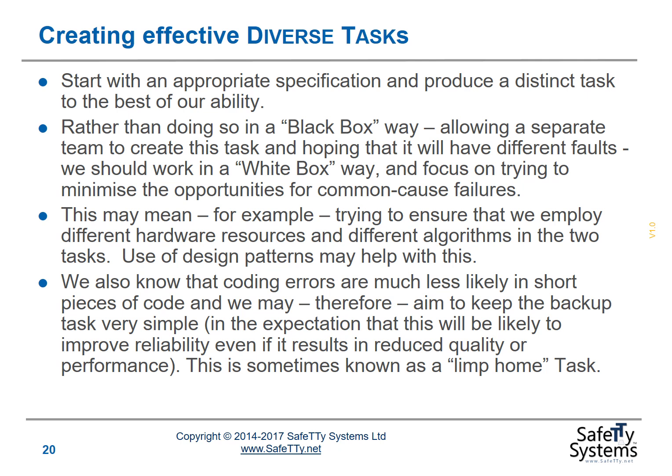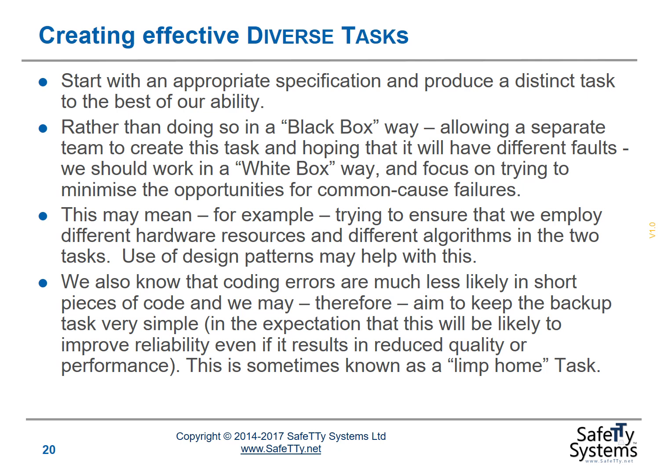So we deliberately try and focus on how one task was implemented and try and implement the other task in a different way. This may mean, for example, trying to ensure that we employ different hardware resources and different algorithms in the two tasks. Perhaps the use of some design patterns may help with this.